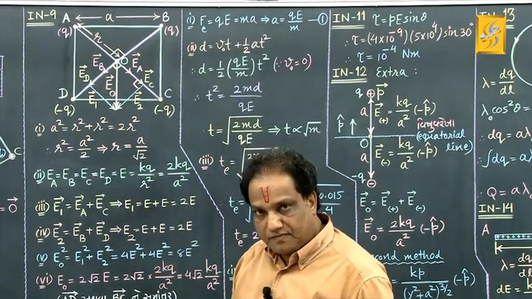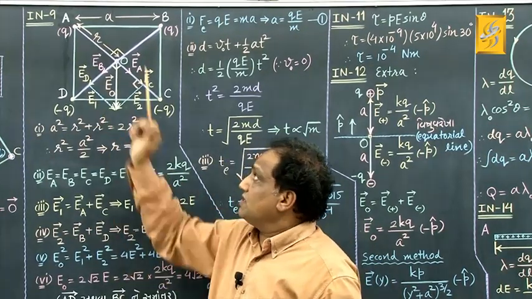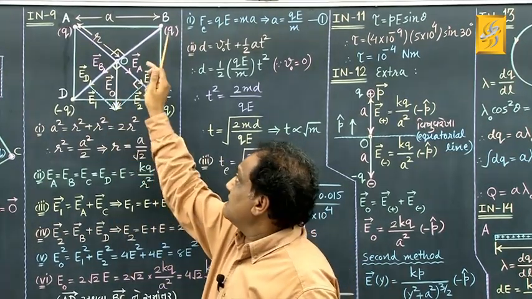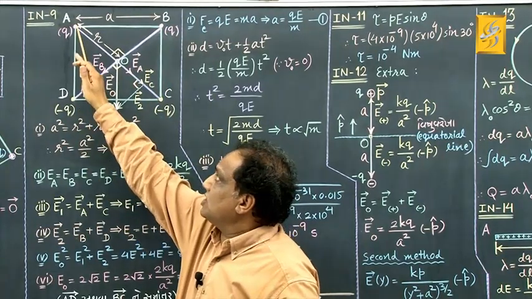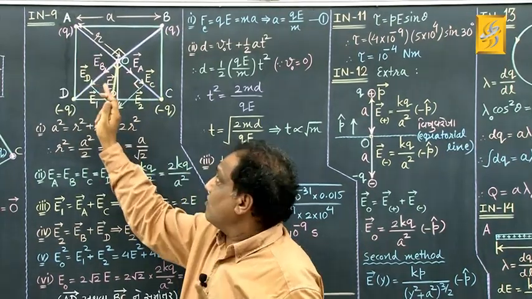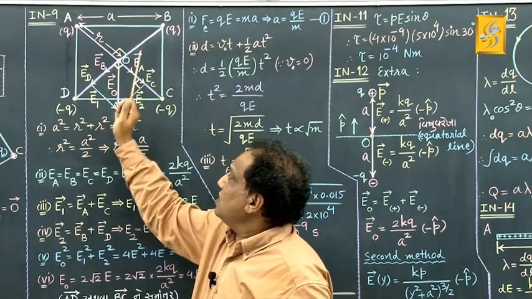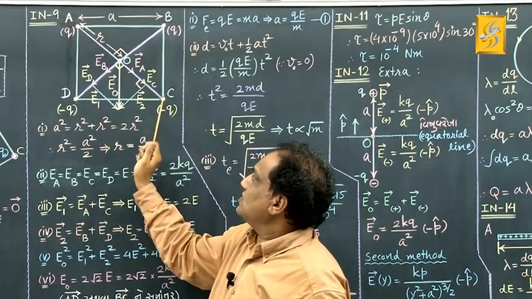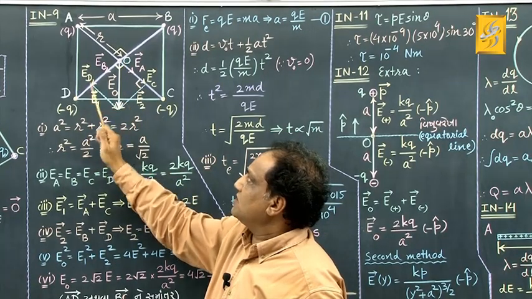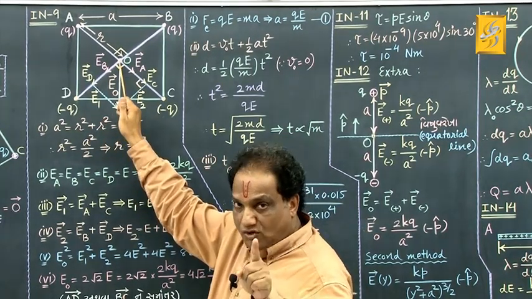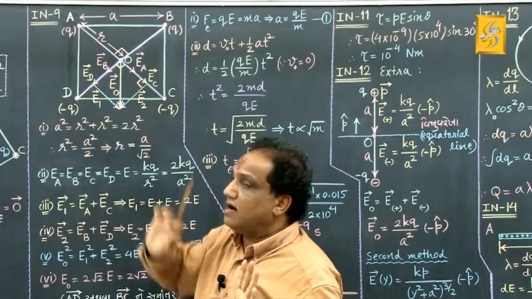Let us find out. First of all, you can see in the diagram, because it is a square, the distance of each vertex from the centroid is the same. Distance AO is equal to distance BO is equal to distance CO is equal to distance DO, and each of them I am showing by the symbol small r.